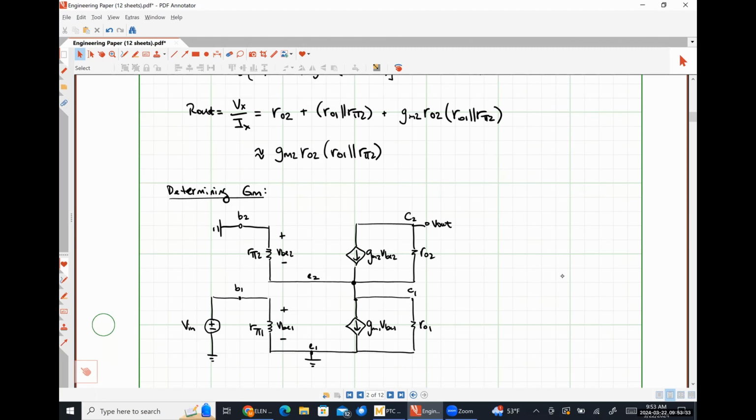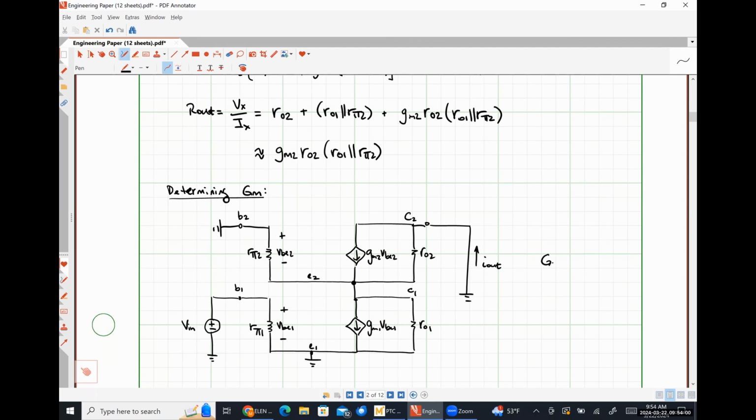So anytime I'm trying to find the short circuit voltage gain, I'm short circuiting my output terminal. I'm finding the current flowing out of ground, or the current that's flowing into the output terminal, if you will.